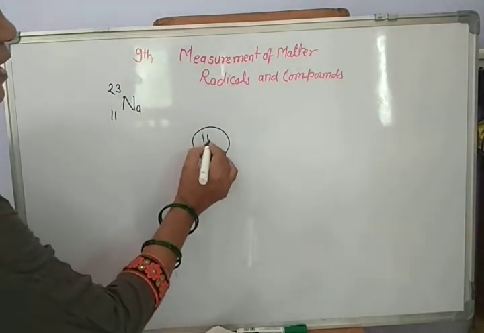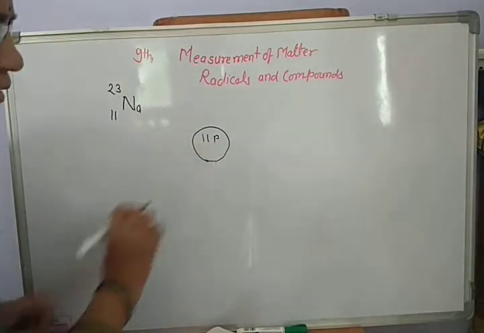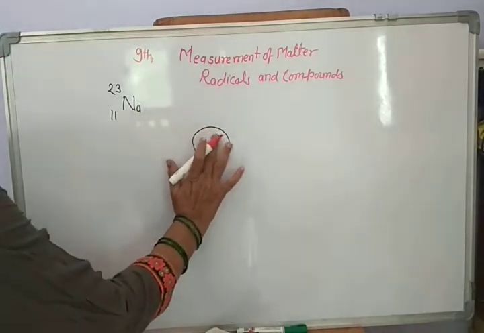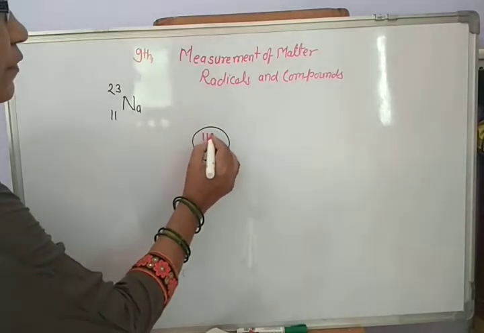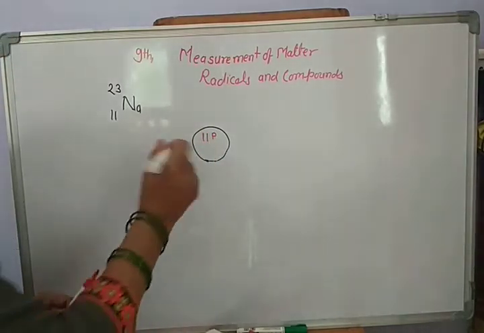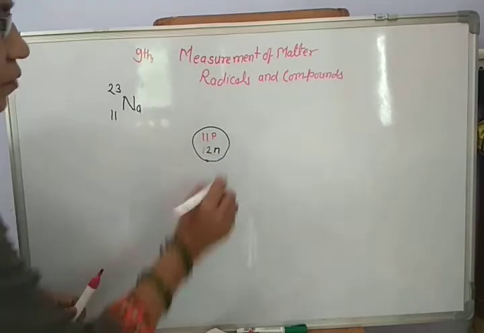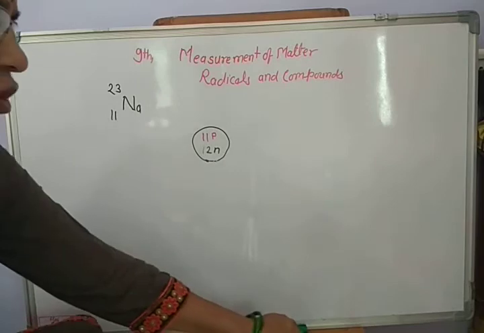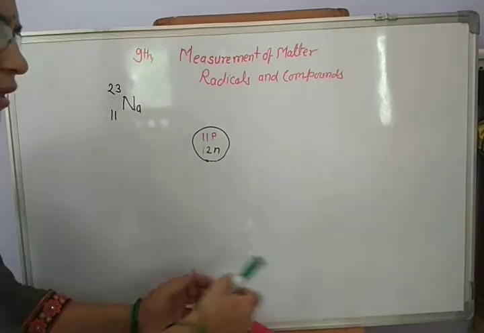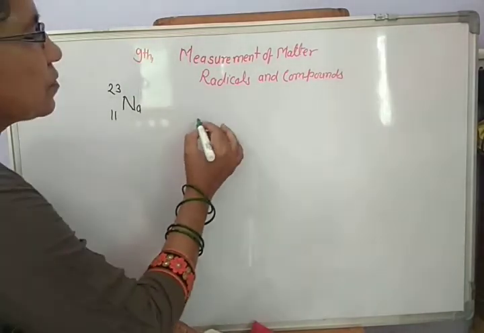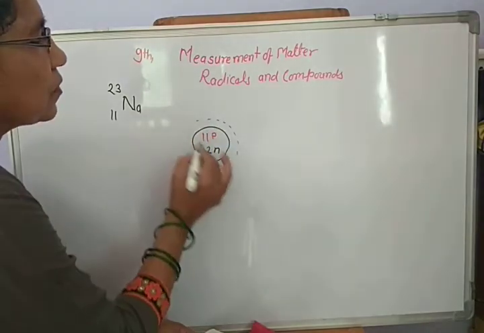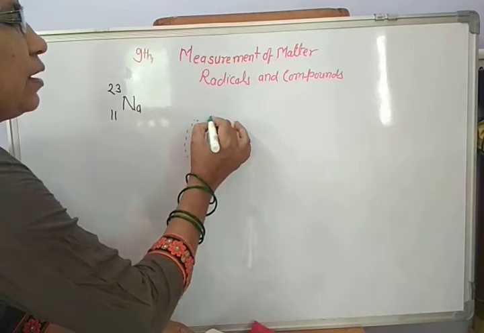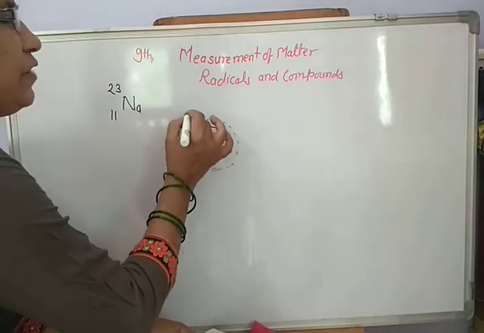So it contains 11 protons, 12 neutrons and 11 electrons. These 11 electrons are revolving in 3 different orbits.